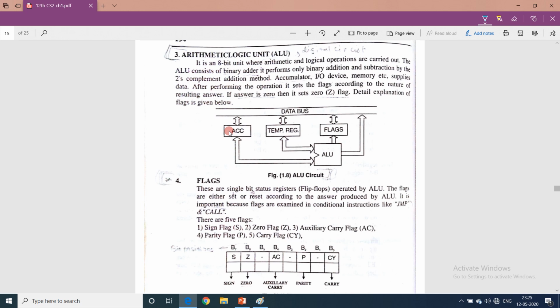The answer will be stored in the accumulator itself. I explained the add instruction in the previous video. So one function of the accumulator is that one of the operands is stored in it; the second is that after the arithmetic or logical operation, the result is stored in the accumulator. And this is of course the data bus, the control bus and the address bus.